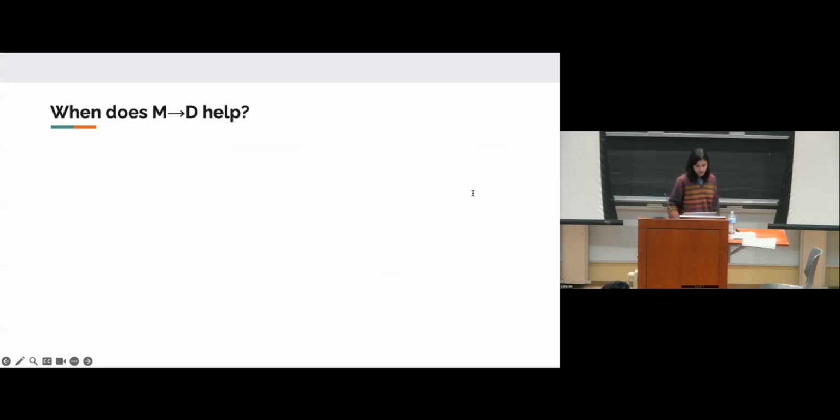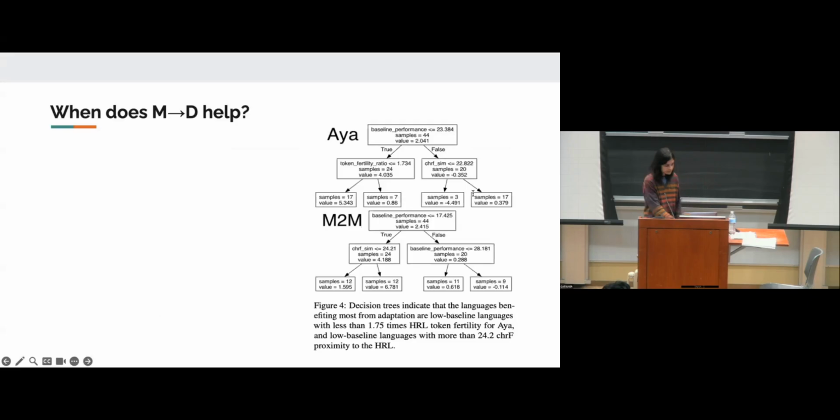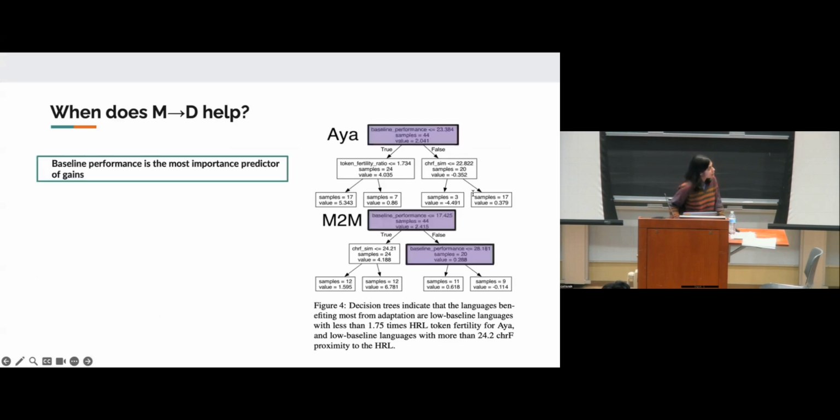And then we are also interested in, like I said, we have a bunch of CLLs and they're all very diverse in their characteristics, like how low resource they are, or how much they differ from high resource languages, or what initial performance on them was.